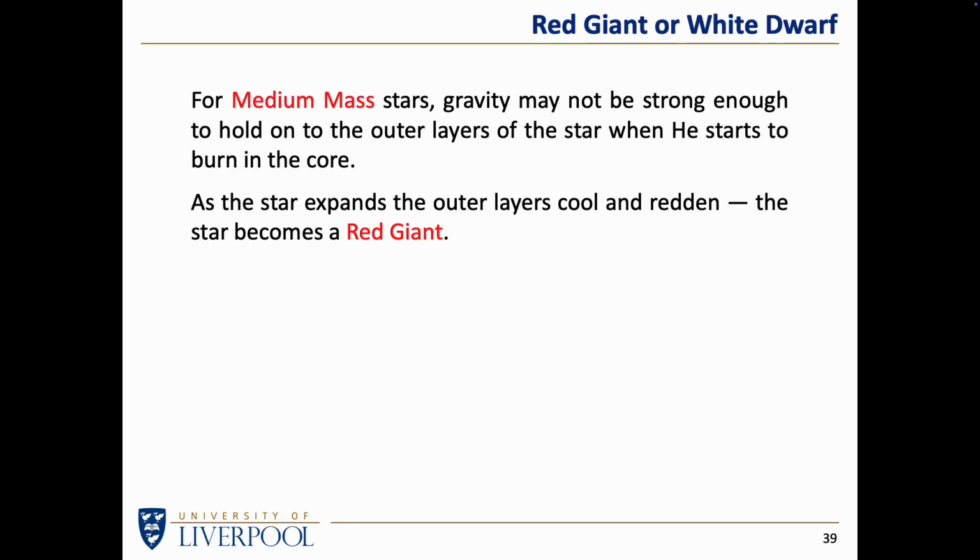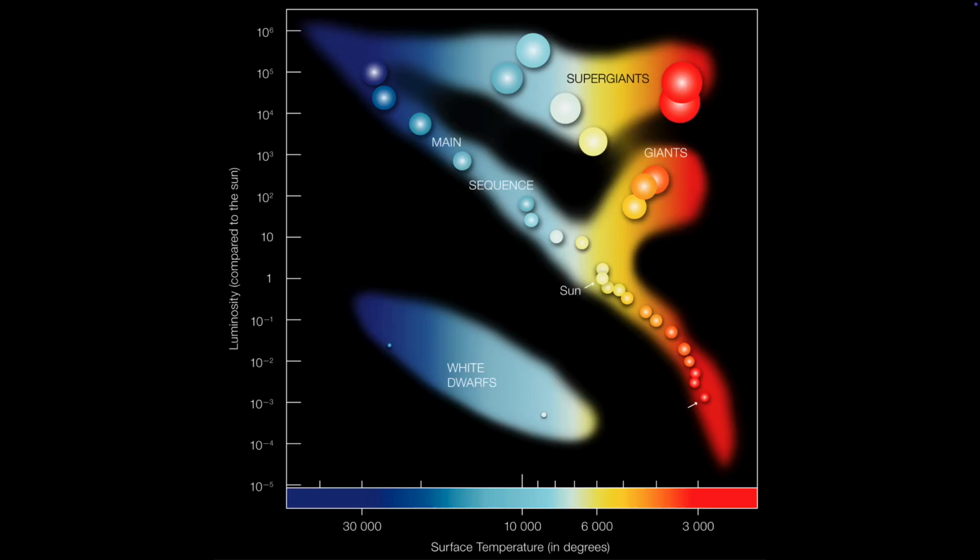But we can sort of understand that if compression produces heat, that heat might radiate outwards and carry the outer atmosphere of the star to higher and higher levels, especially if gravity is not strong enough to hold it back. For more massive stars, gravity can hold on to that outer layer. But for stars like our sun, the gravity simply isn't strong enough to hold on to that outer layer, and the whole star swells up into a red giant.